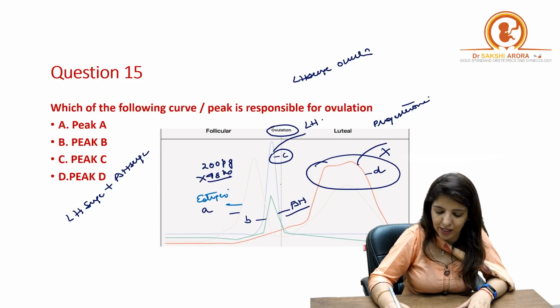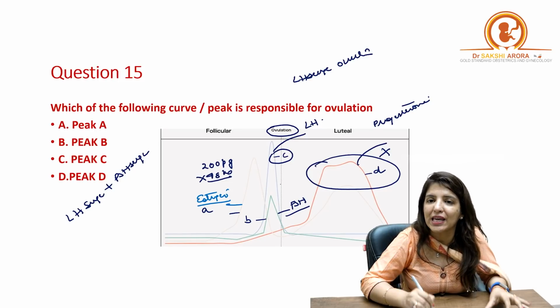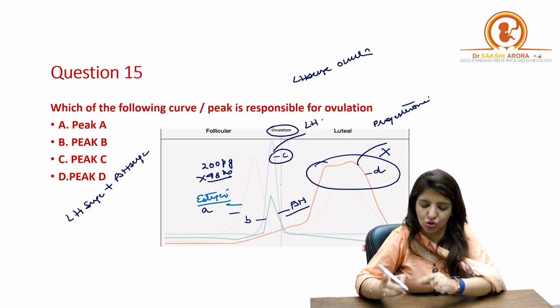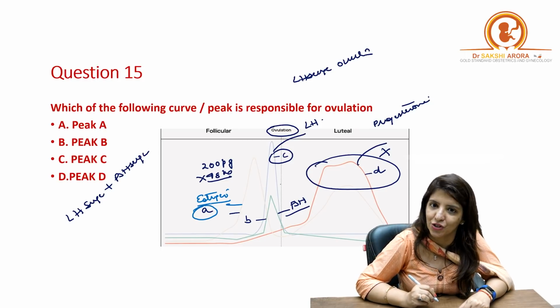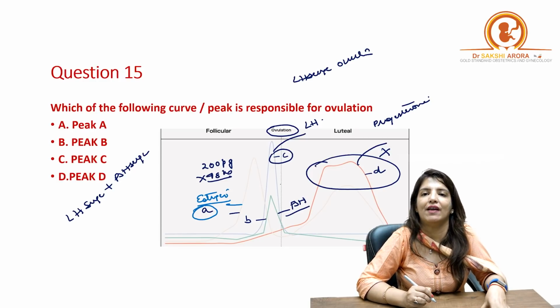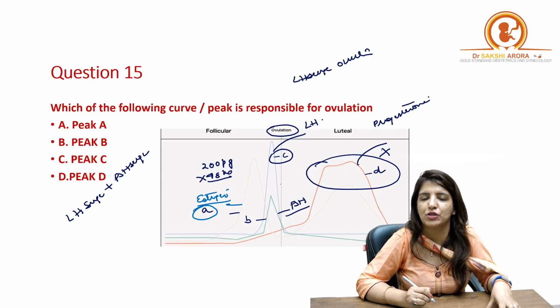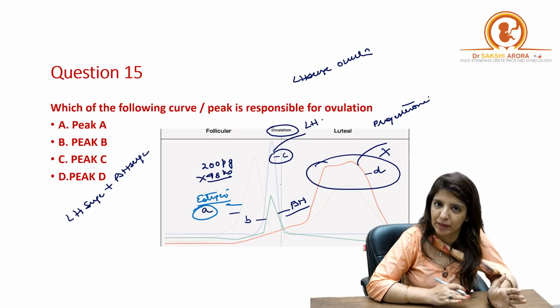This is representing estrogen, right? So if your question says which peak is responsible for LH surge, it is peak A which is responsible for LH surge. LH surge is going to happen only when the estrogen levels are 200 picograms in the body for 48 hours. Then LH surge is going to happen, right?